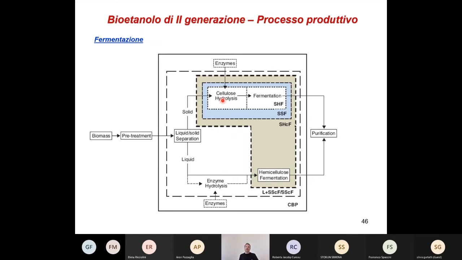We will see an example of this in the biorefinery. At the end of this lesson, we reach the final concept of biorefinery, where all these separate pathways we studied are integrated.